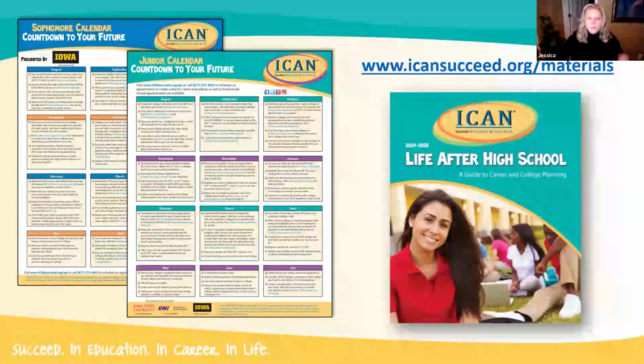These run from your freshman year all the way through your senior year of high school. They give you a month-to-month breakdown of what you should be doing to get ready for life after high school. It's just a really nice checklist. So from a timeline perspective, these are great.